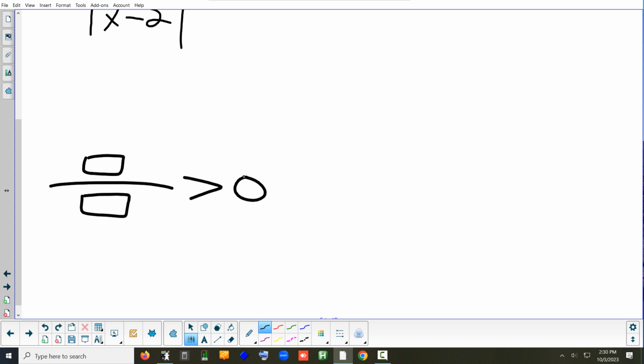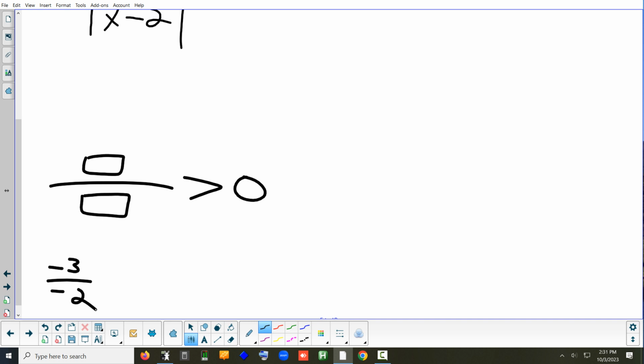They have to be numbers bigger than negative. I can think of a negative number and another negative number, and if I divide them, it does come out greater than 0. So I'm thinking there's actually like two cases. They just have to be of the same sign. Yeah, they have to be of the same sign.